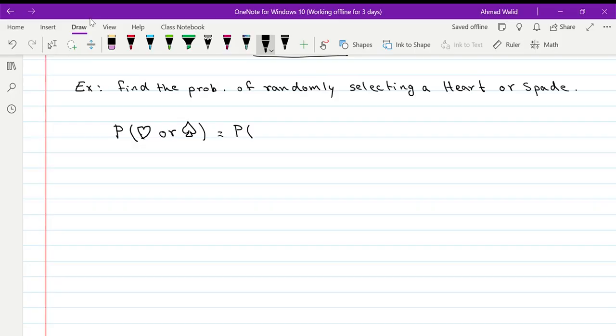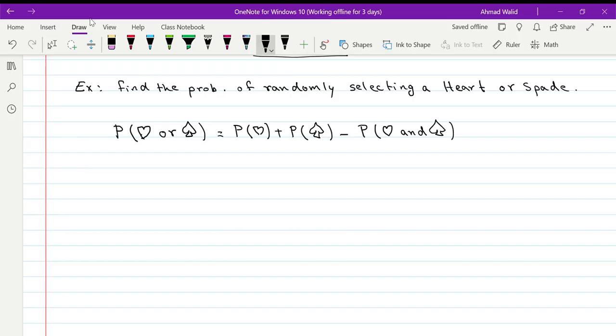Probability of heart plus probability of a spade. Now, think about minus probability of heart and a spade. You see, I'm using formula number 1. I don't want to use the second one.